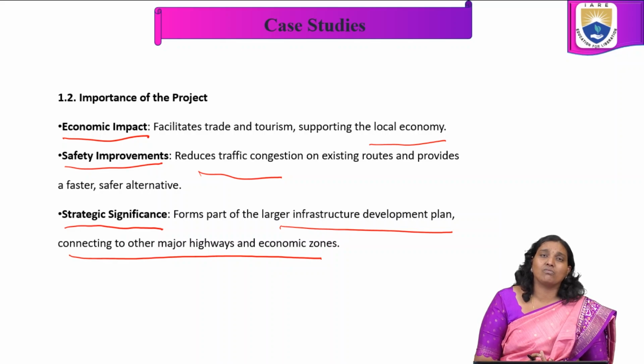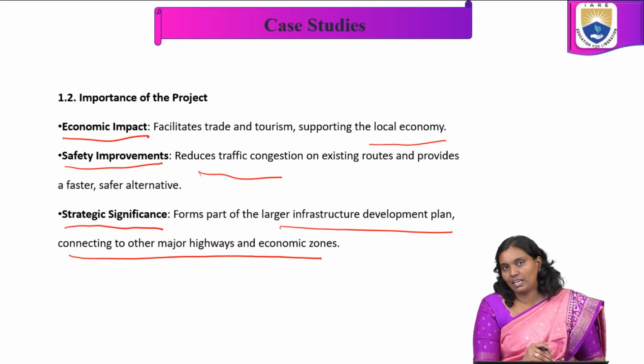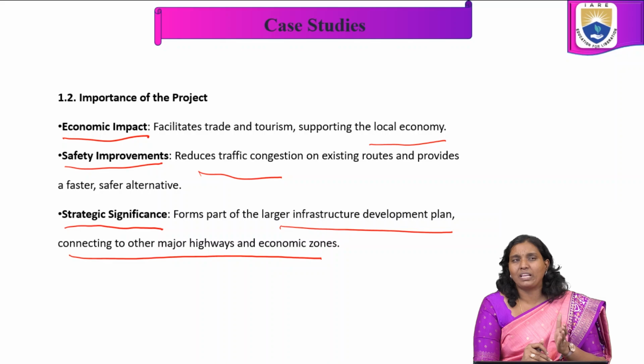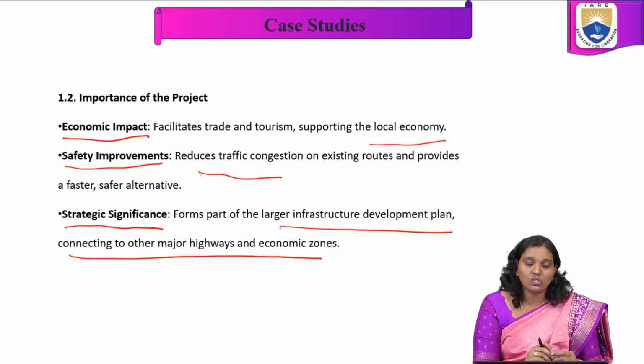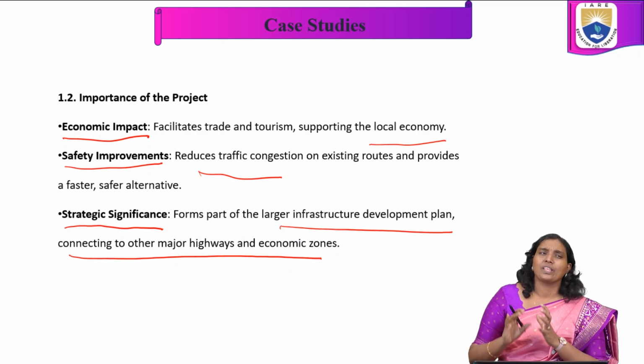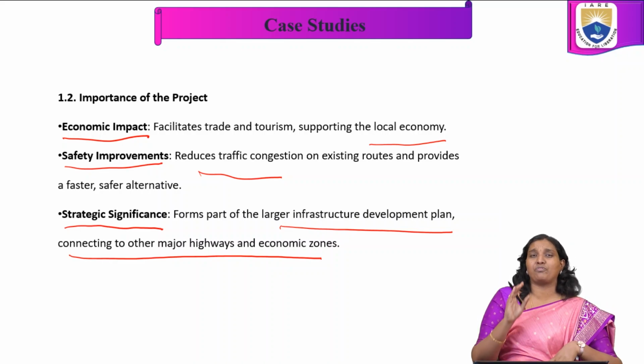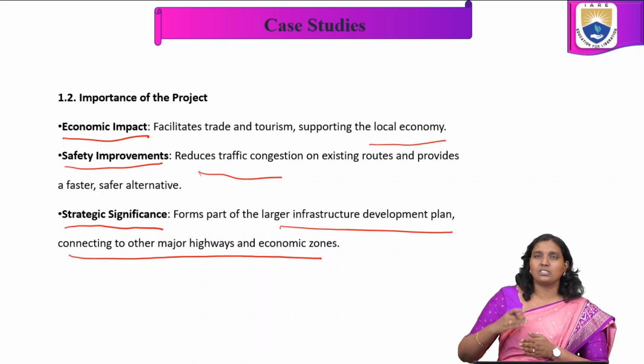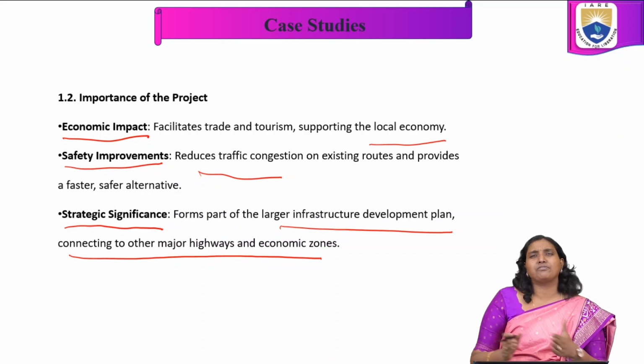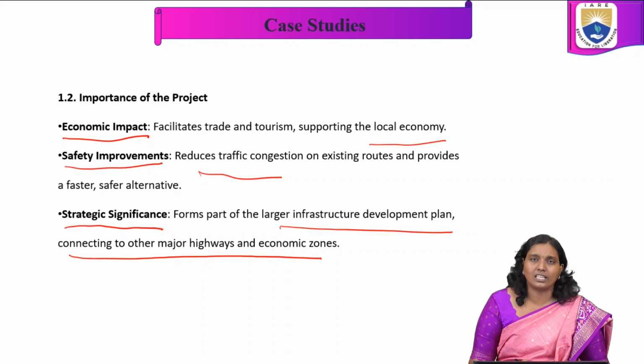Once we consider the old path, the travel from Delhi to Agra is going to reduce, and it leads to reduction of the congestion of traffic on the existing route which people choose from Delhi to Agra. So it provides a faster and safer alternative.